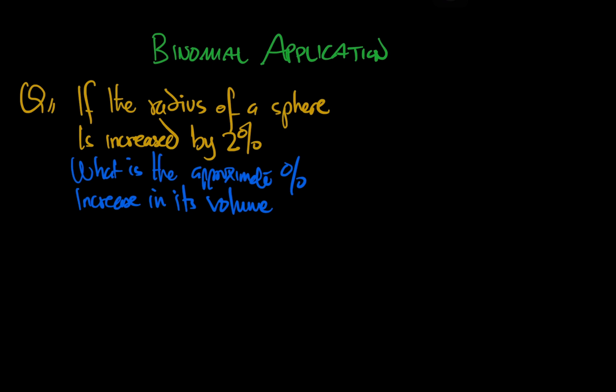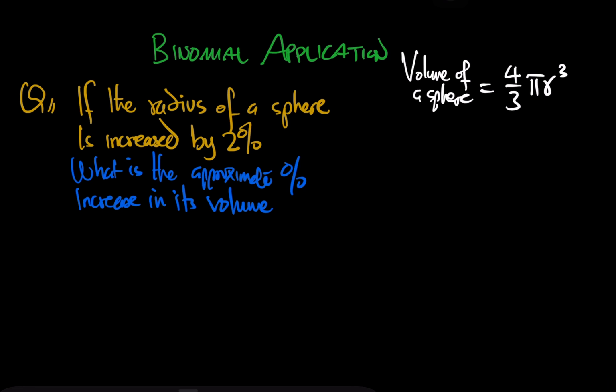So we can start off nicely in a very peaceful way. If you can remember, I want you to cast your mind a little bit back, that the volume of a sphere is given by 4/3 pi r cubed. And then the r in there is the radius, the original radius. Nothing had happened. They didn't increase.